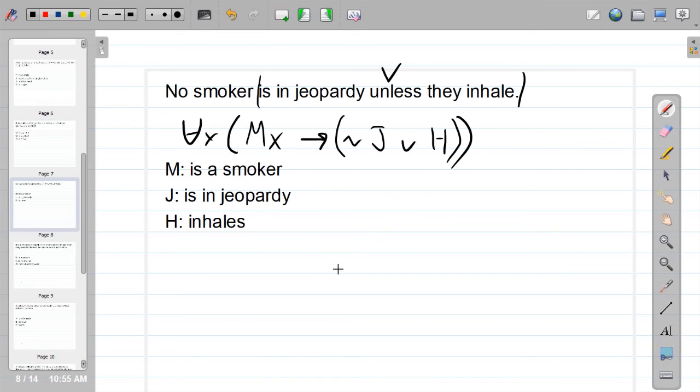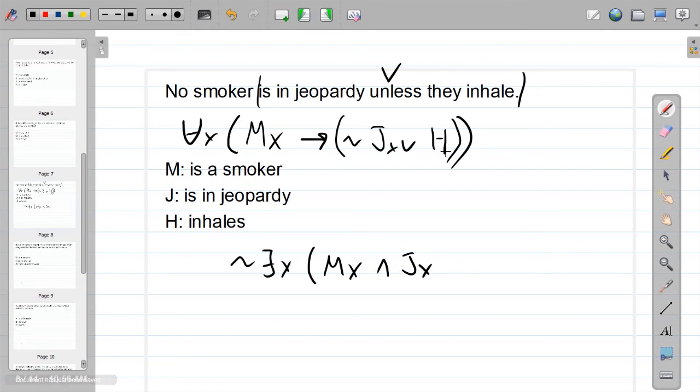Okay, but you might find it just as natural or more natural to read this as there doesn't exist a thing such that they're a smoker and they're in jeopardy. Sorry, there should be x's in there.